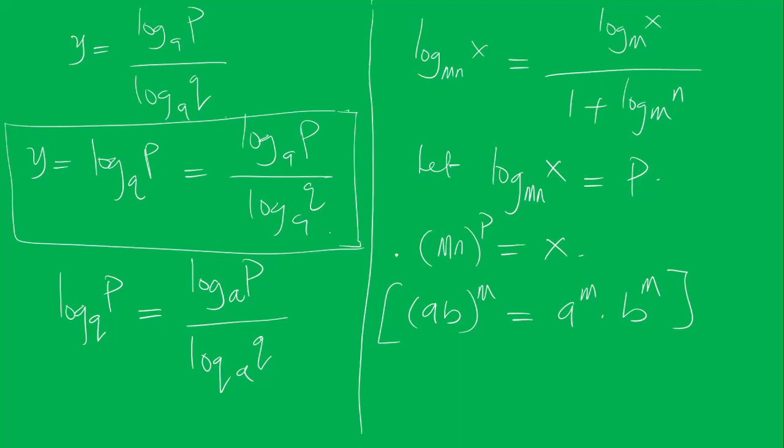Now, applying this rule here, you now have m to power p times n to power p, which is equal to x.